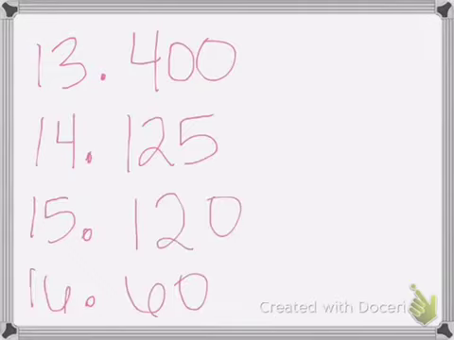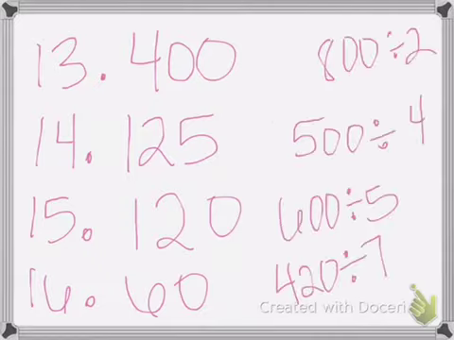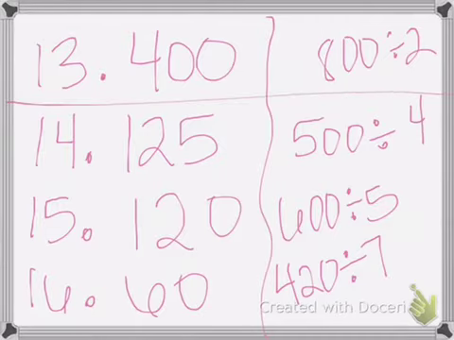Okay, so now I am going to just show you the answers for problems 13 through 18. Okay, so 13 you get 400, number 14 you get 125, 15 you get 120, and 16 you should get 60. I'll show you the compatible numbers I used real quick. So for number 13, which the actual problem is 834 divided by 2, I changed it to 800. And for 14, it was 518 divided by 4, and I changed the 518 to 500.